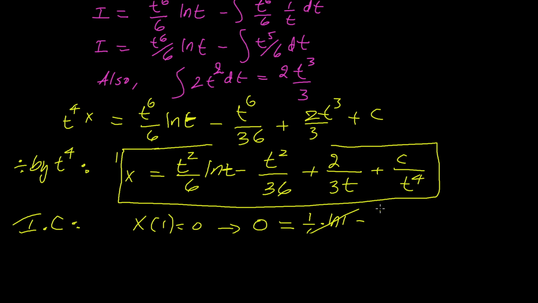And here 1 over 36, and here 2/3, and here c over 1. Okay, so figure out this value, and that will give you c to be negative 23 by 36.